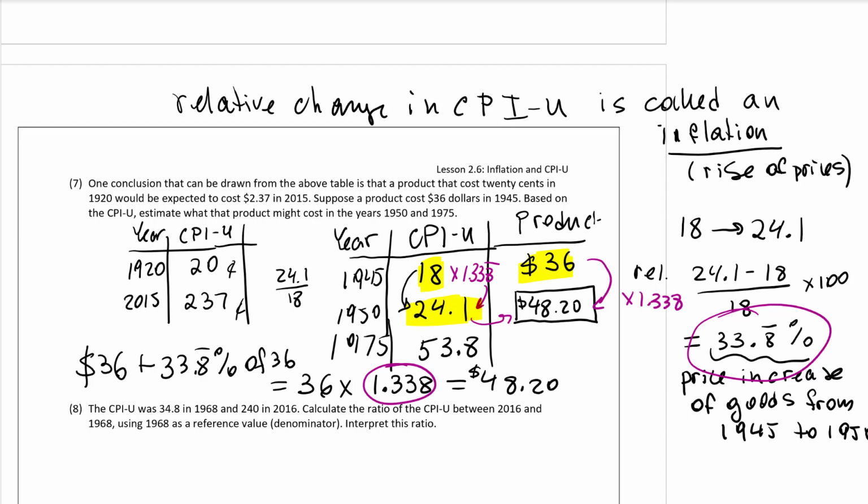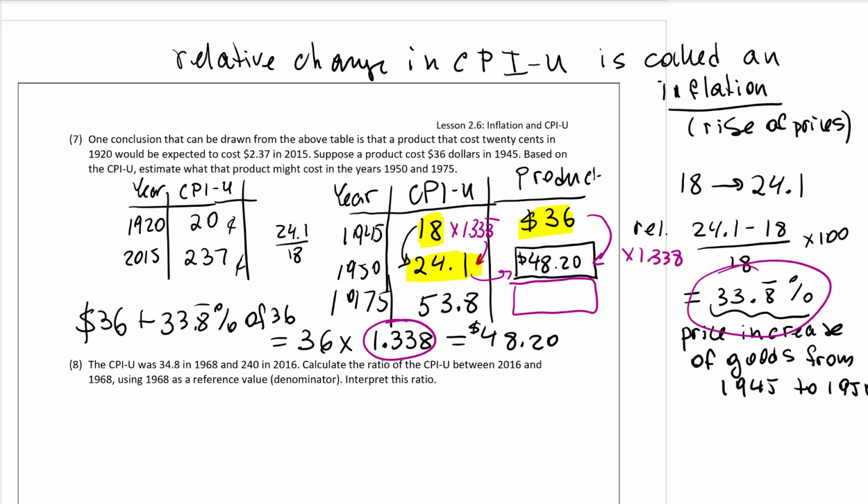Okay, so take a moment and calculate that same product that was $36, but in the year 1975. I'll give you a moment to calculate that. Alrighty, so let's review. To calculate that, again, you can calculate the percent change from 1945 to 1975.